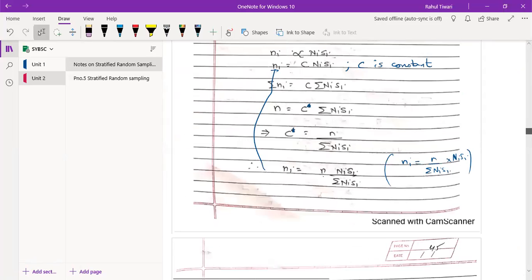Similarly, one can write the formula for Ni under optimum allocation. Yes, optimum allocation.